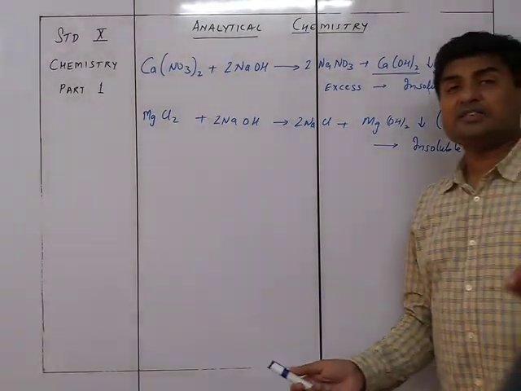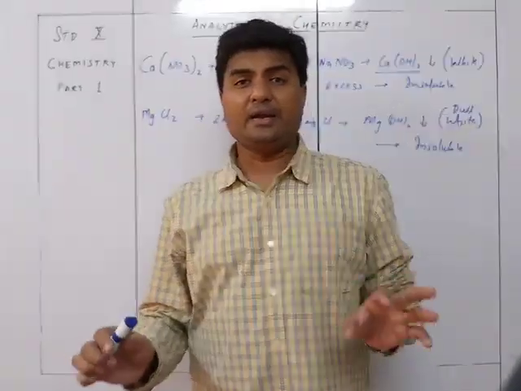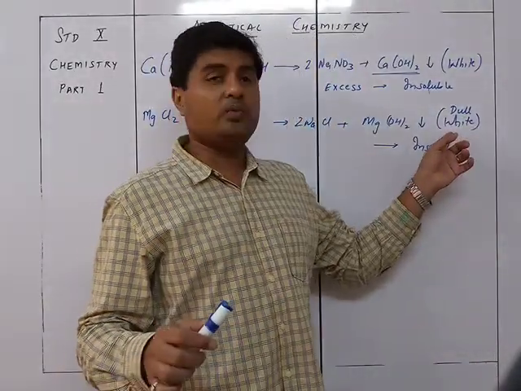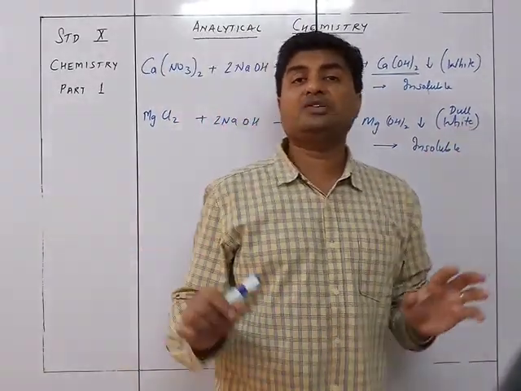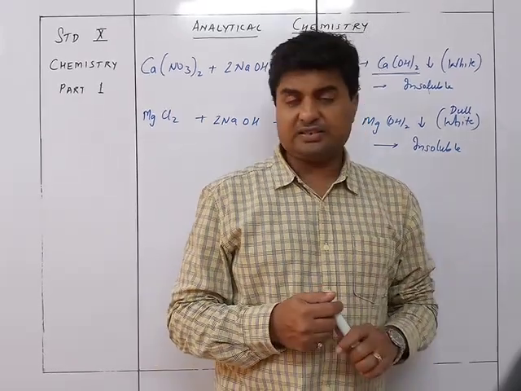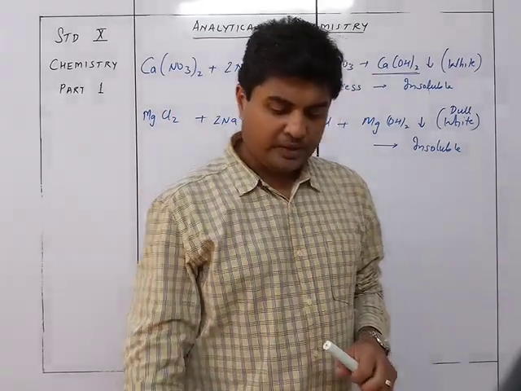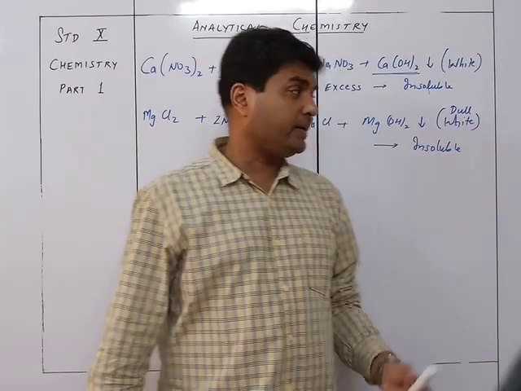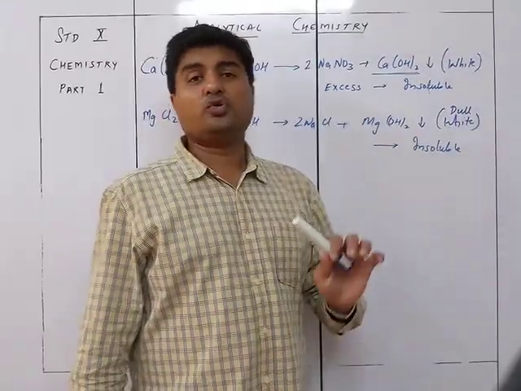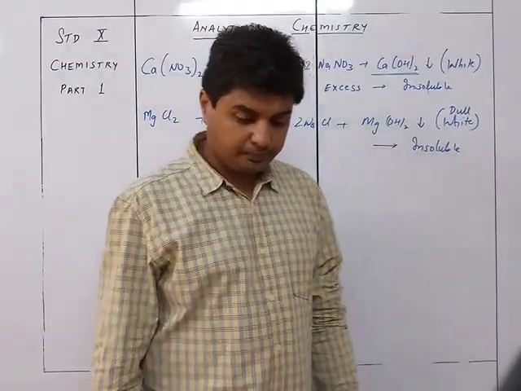The magnesium hydroxide so formed will be white in color, dull white, and it is not soluble in excess of NaOH. Even if you put more NaOH, this Mg(OH)2 is going to remain insoluble.